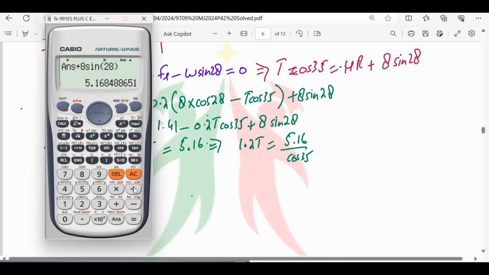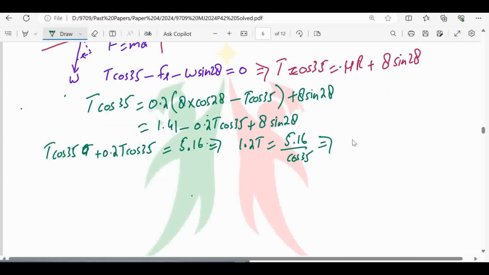So divided by cos of 35, this will be equal to 6.31. Let me write it here. 1.2 T is equals to 6.31. So T will be equals to 6.31 divided by 1.2.